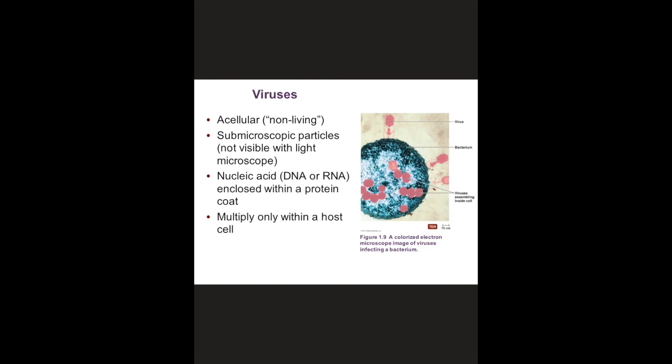So that hijacked cell becomes a virus factory. And this, of course, propagates the infection, and that's the replication strategy of viruses, in that they can only multiply within a host cell. Okay, so that concludes the overview of microbial life.